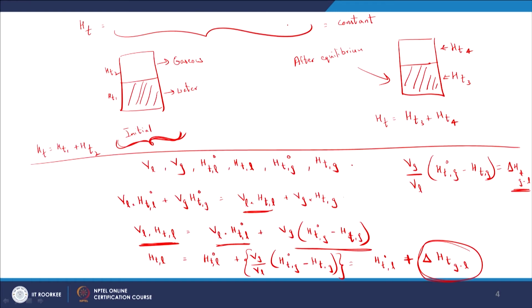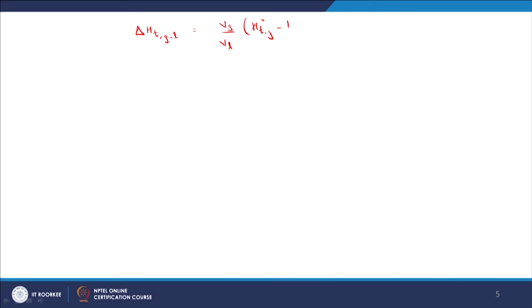Let us again try to understand this. We just looked at delta H T from gaseous to liquid, which is going to be equal to V G by V L into H total initial in the gaseous phase, minus H total in the gaseous phase at equilibrium.